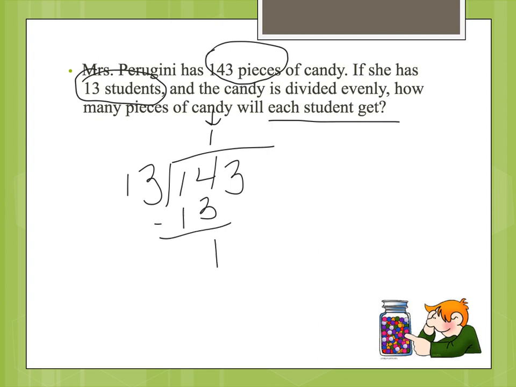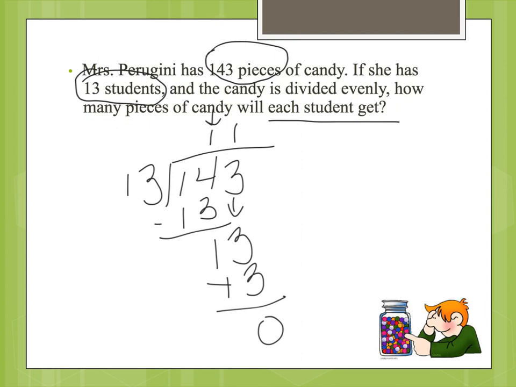Subtract. 1 is less than 13, so I can bring down my 3. Oh, I'm lucky on this problem. I have to divide again. 13 goes into 13 one time. 1 times 13 is 13. Subtract, I get 0. Each kid is getting 11 pieces of candy. They must have done something really well.